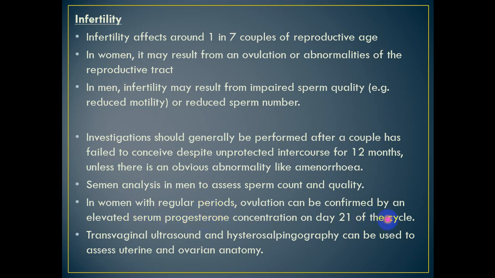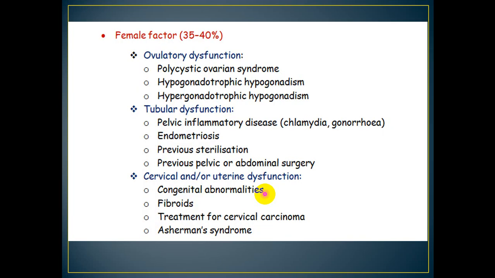If ovulation is confirmed, then we need to look for a structural cause by transvaginal ultrasound or hysterosalpingography, which is used to assess the uterine and uterine tube anatomy and the ovaries, while in males, analysis of seminal fluid to assess the quantity and quality is warranted.